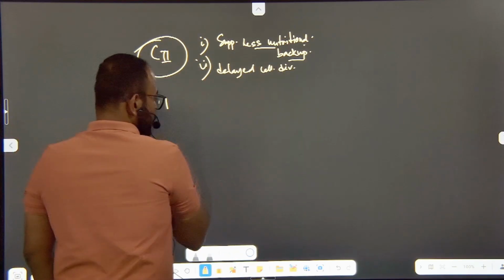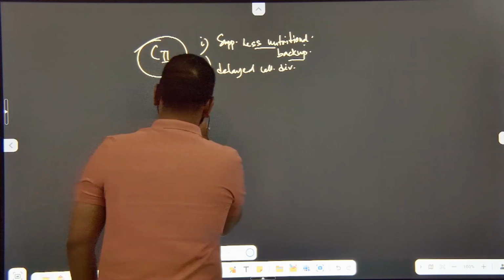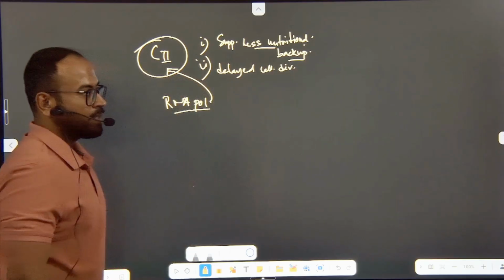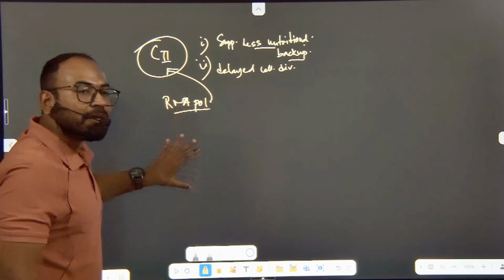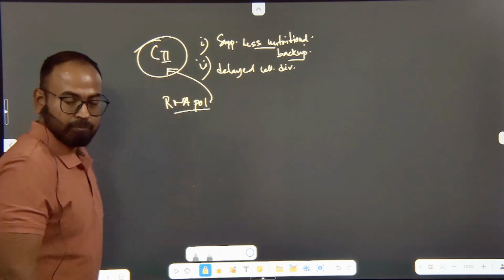RNA Pol transcribes C2, which undergoes translation and forms the C2 protein.